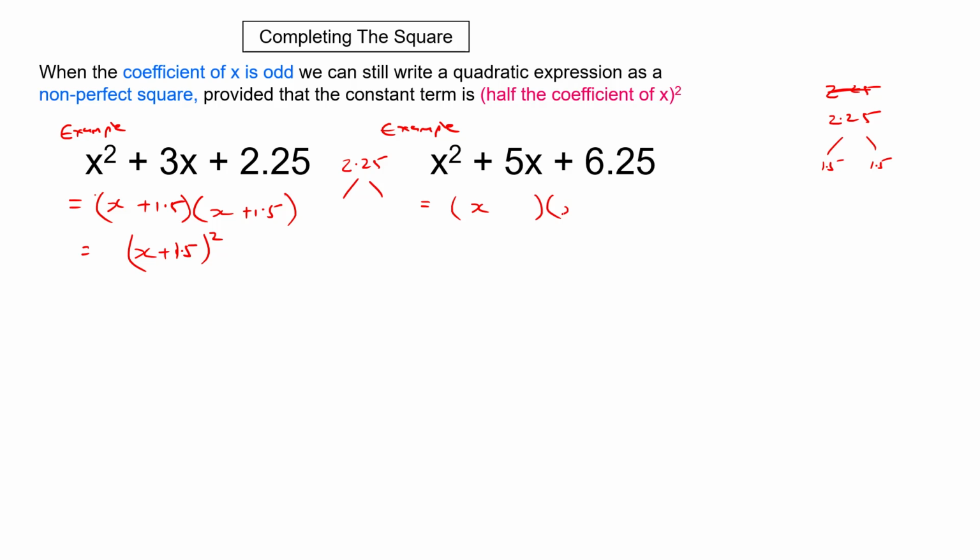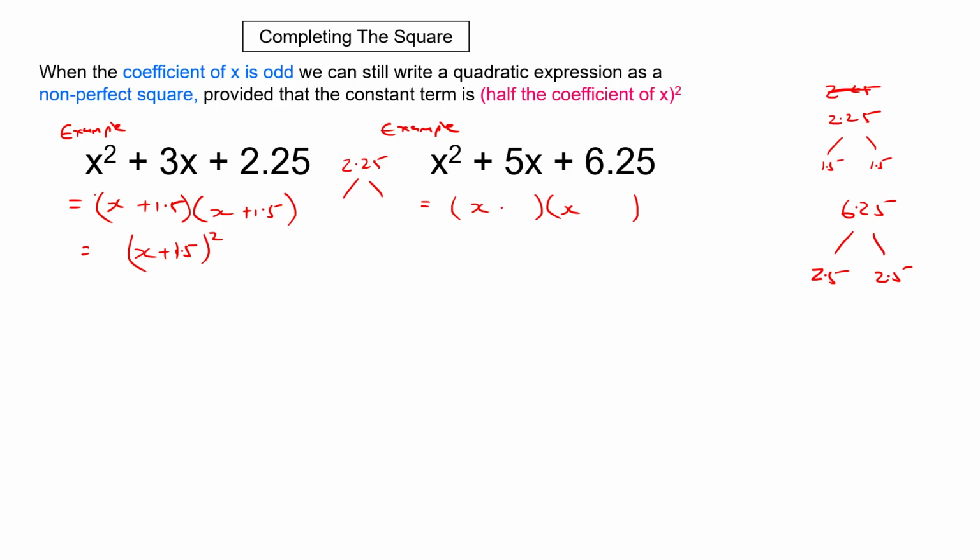Let's have a look at this one here. x and x there. And we look at that 6.25. Now if I look at 625, what's the square root of 625? 25. 25 times 25 gives you 625. 2.5 times 2.5 will give you 6.25, which is what we're looking for here.